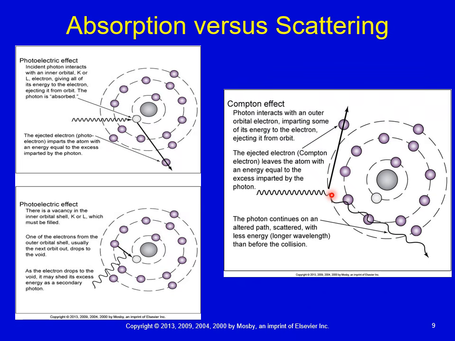So in this case, we're talking about an outer shell electron. It gives up some of its energy, knocking this electron out of its shell. So as you can see, it ejects it, but it still has enough energy to keep going on. So it knocks the electron out, but it does still have some energy left. And as a result of having that energy left and knocking that out, it changes direction and it can continue traveling as scatter.